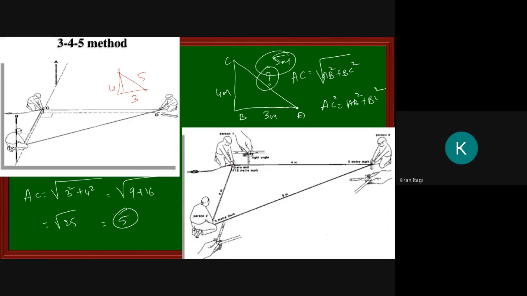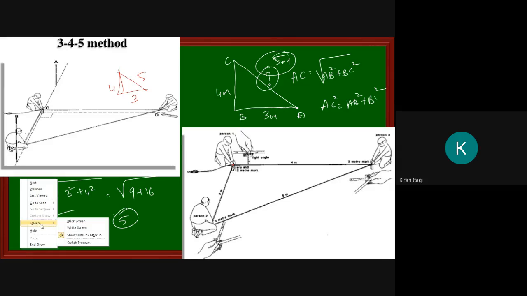See, I will go to the screen. This is my dots, A, B, C, and I have a tape. This is 0 and this is 30 meter.